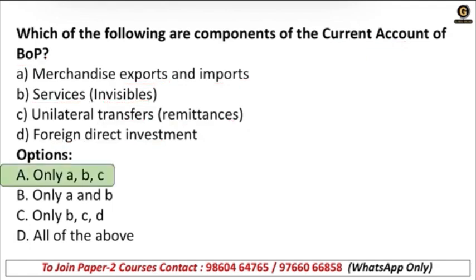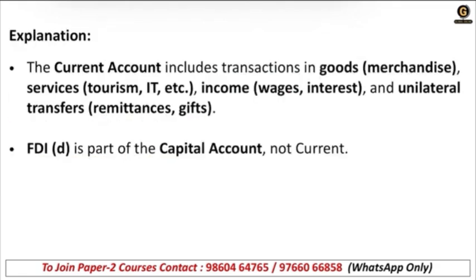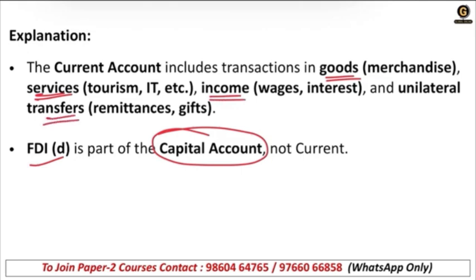So the right answer is option A, B, C. See, FDI is a part of the capital account, not the current account. Current account means the transactions of goods, services, income, unilateral transfers. These are considered in the current account, not in the capital account.